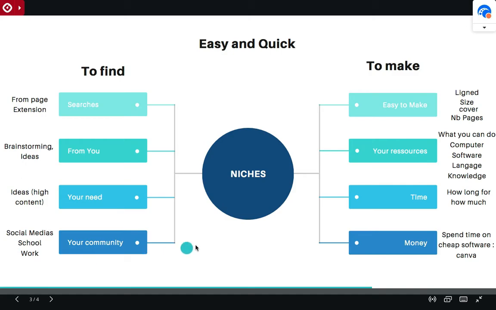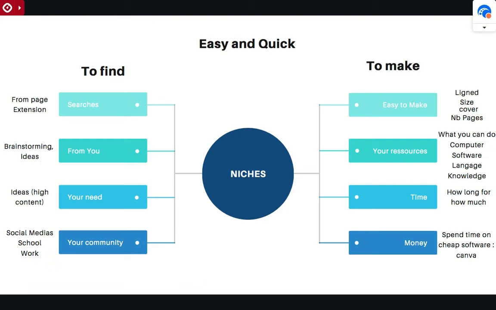And also I'm talking about your community. For instance, if you are in a school specialized in theater, I'm sure you will find many people looking for objects or books to put their notes, to write down the lines they need to learn.